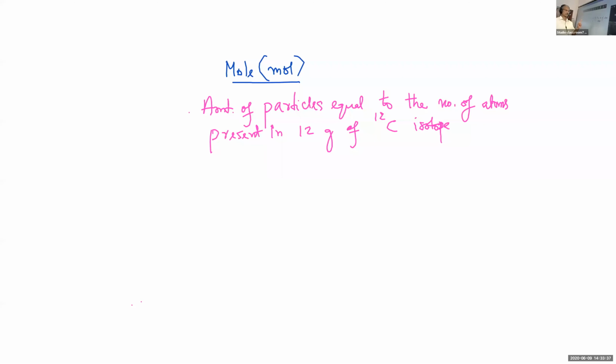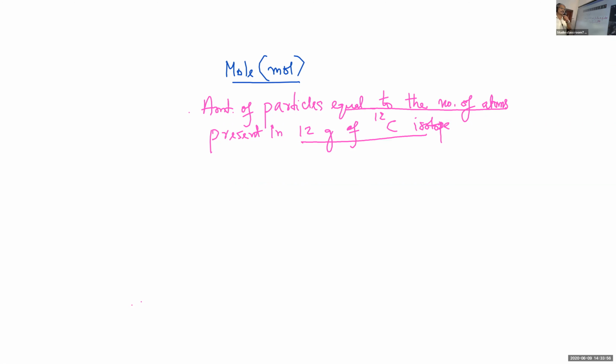Okay. So the amount of particles equal to the number of atoms present in 12 gram of carbon-12 isotope.